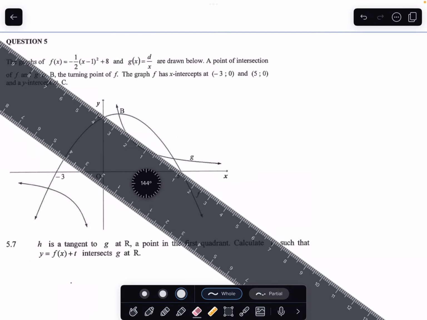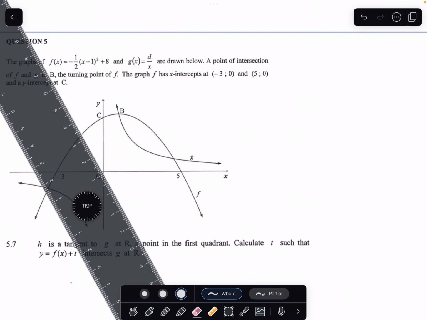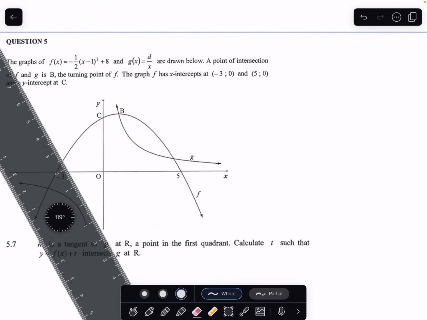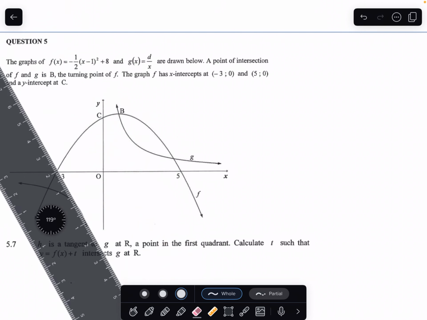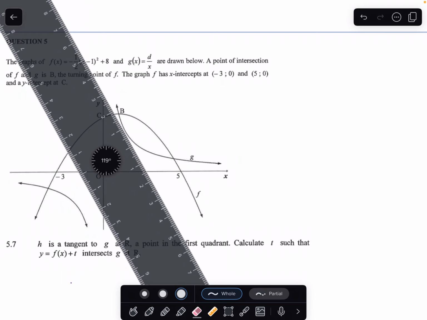So if this is our y is equal to minus 2x, then this is the one tangent, y is equal to minus 2x plus some number, or the other tangent would be here, y is equal to minus 2x plus some other number. So we've been told that the tangent that we care about is the one to the point that is in the first quadrant.